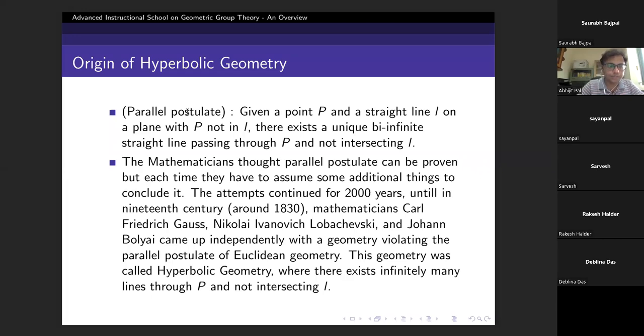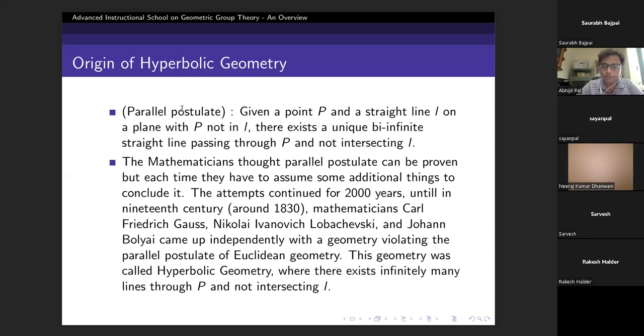The fifth axiom is also called the parallel postulate. It says that given a point P and a straight line L in a plane such that P is not on L, there exists a unique bi-infinite straight line passing through P and not intersecting L.